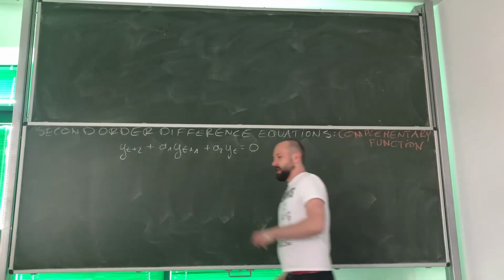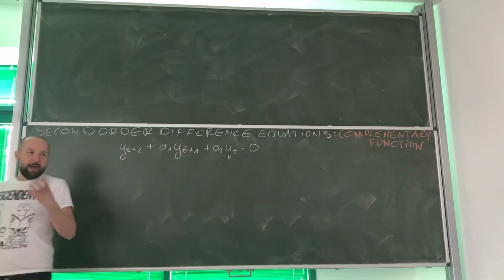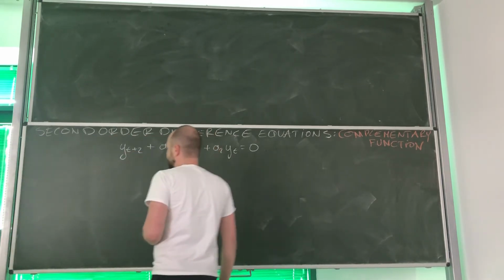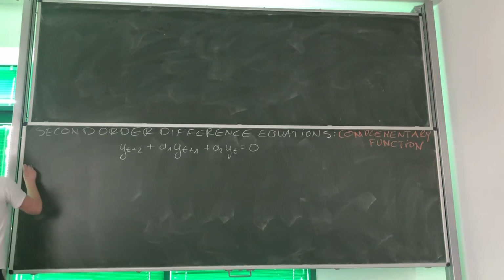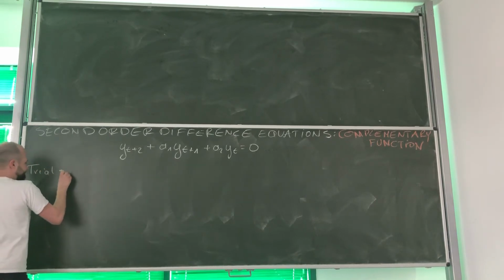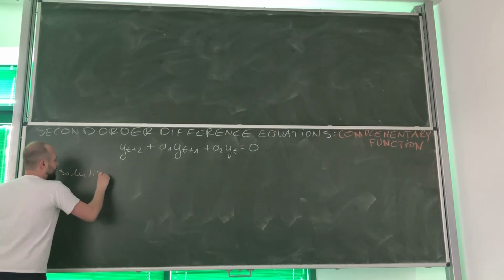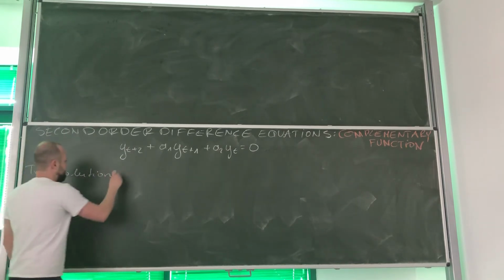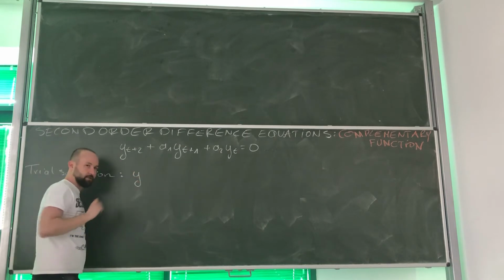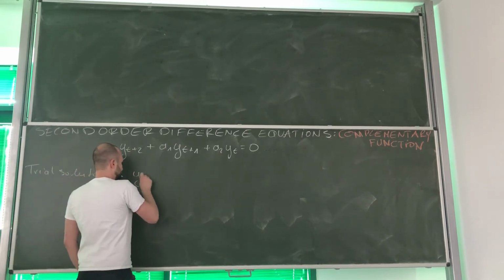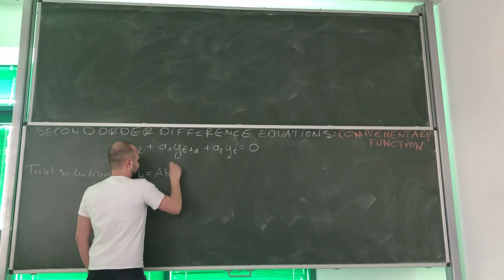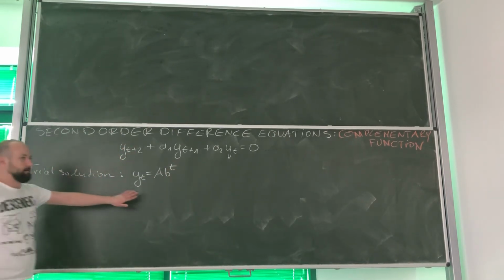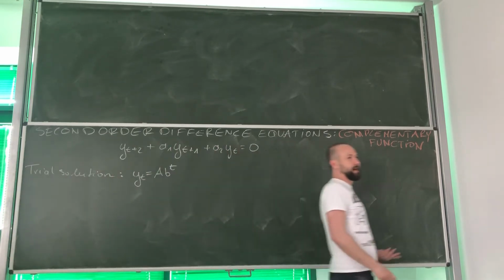And look, we remember how we did this in case of differential equation. We were using again a trial solution. And our trial solution before, in case of first order difference equation, was this.